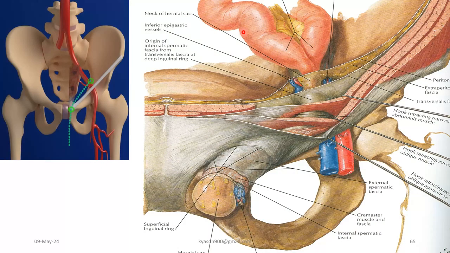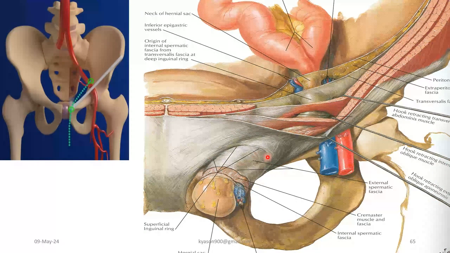This image can further show you the indirect. The coils are going to go through the deep inguinal ring, through the canal, to come out of the superficial inguinal ring to enter the scrotum or the labia majora in women. But we say they are more common in men, and we said because men are exposed to activities that increase the intra-abdominal pressure, but also the inguinal canal is wider in men. Why is it wider? It's wider because it's going to allow passage of the spermatic cord.